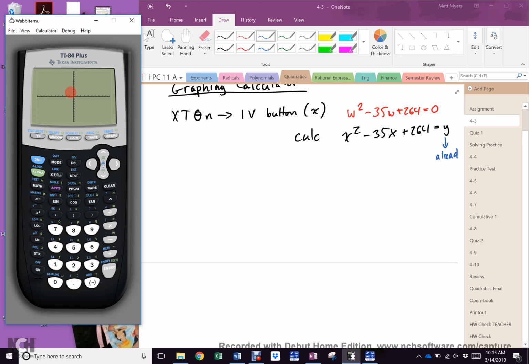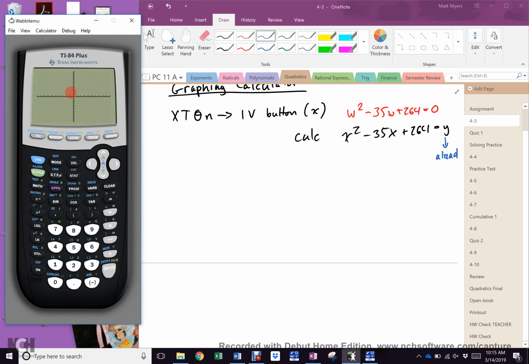So this graph that we have set up, that zoom standard, is a 10 by 10 grid. Now we know that this line will graph, because you saw it. Some of you saw a line, right? So you know it's there somewhere, correct?